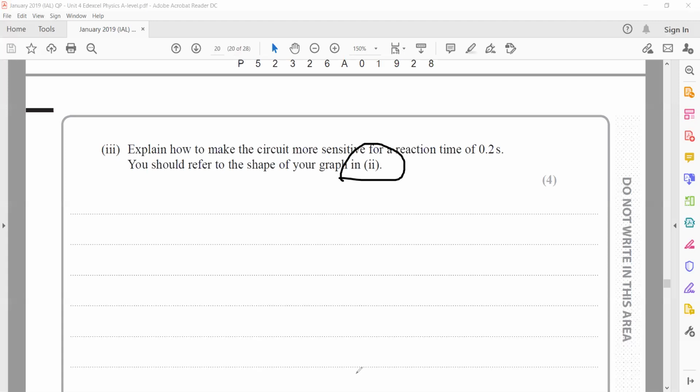We want to make it more sensitive so that it can react quickly. The term here, more sensitive, means we want a bigger or a greater change in voltage for a given time.